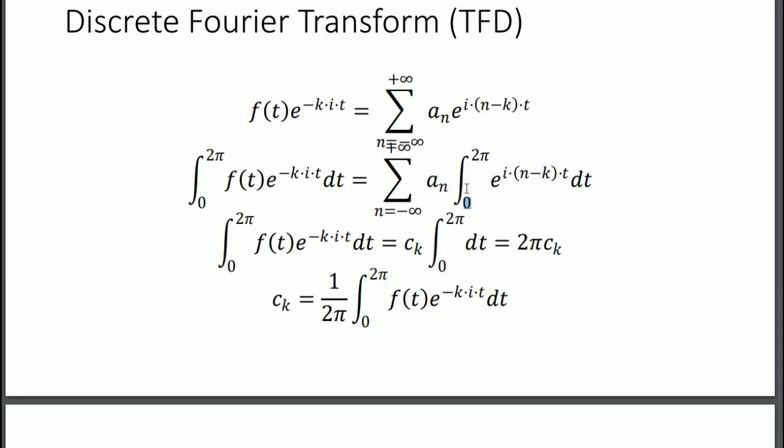When you integrate for n not equal to k, you get an integral valued at 0 because of the symmetry. I'm not going to go too much in detail. And when it's equal to k, it cancels out. It's equal to the integral of 1. And then, using an integral method, you can get the coefficient c of the discrete Fourier transform.